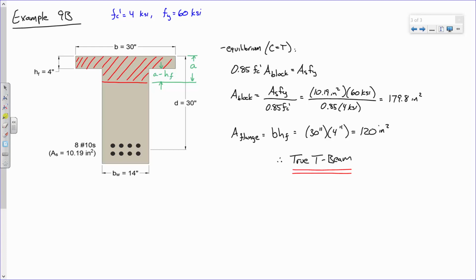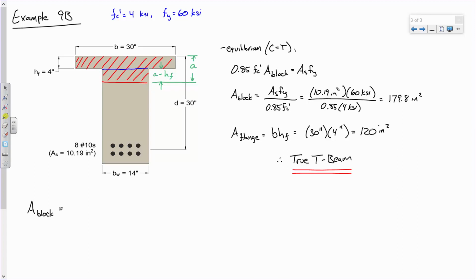Now, here's what I challenge you to do. We have the area of the stress block. Help me out. What is the area of the stress block? I want you to tell me what that area is symbolically. Now, I'll help you out. For the sake of what we're doing here, let's split it up like that.